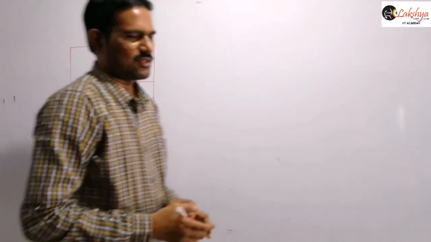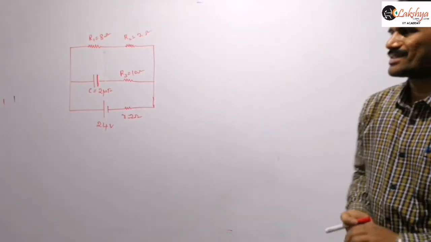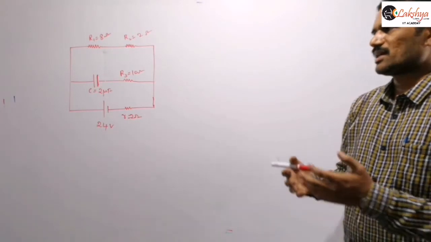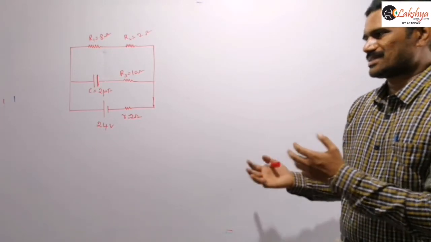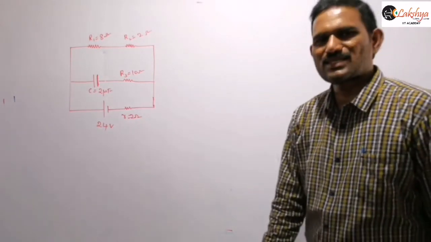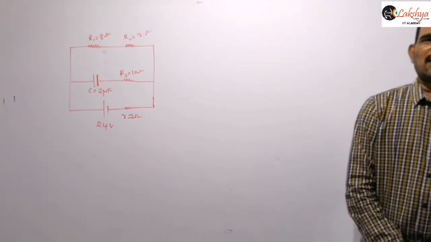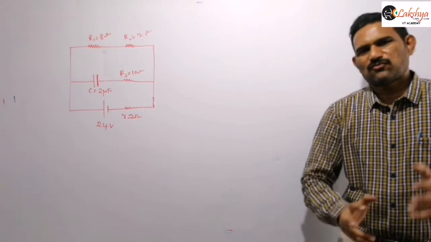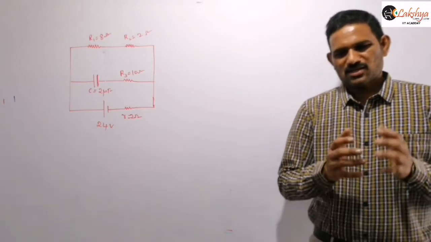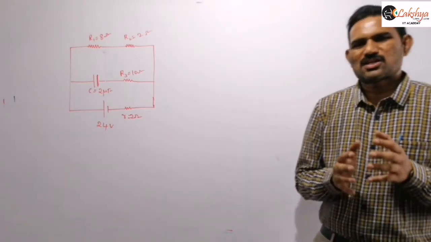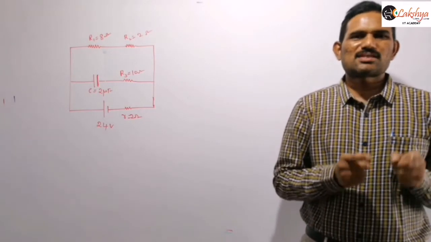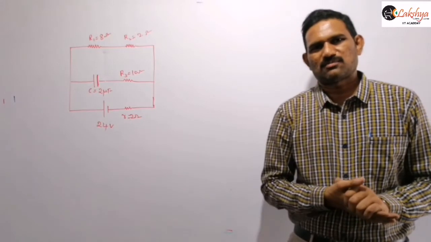Now our question is what is the current drawn from the cell and what is the current flowing through the different resistors, right? In this type of question, we discussed already charge flowing through the capacitors: charge or current will be there in that path only during the charging or discharging of the capacitor.